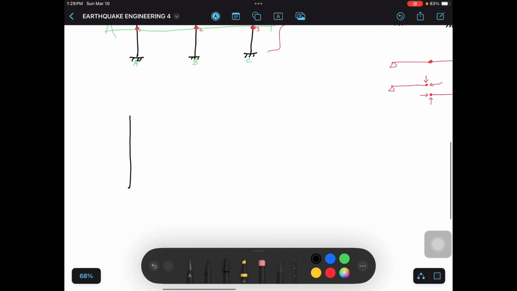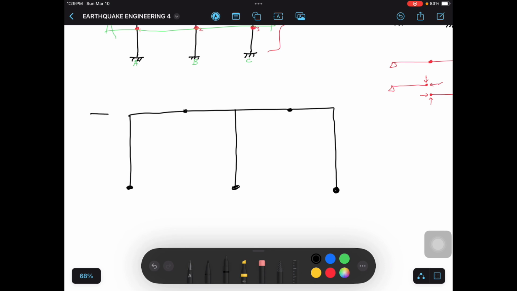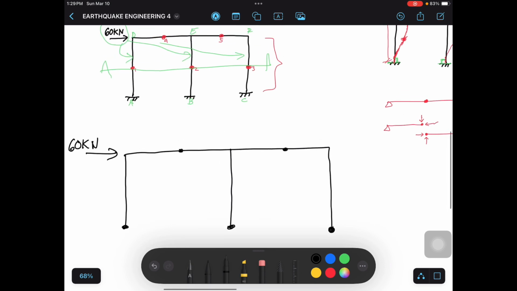Pag ikakat yan, syempre ganyan na siya. May point of inflection and then may load. So, huwag kakalimutan ang load pag transfer ka. So, anong name ng joint natin ito? 1, 2, 3, 4, 5. And then yung segment name, segment D, E, F.